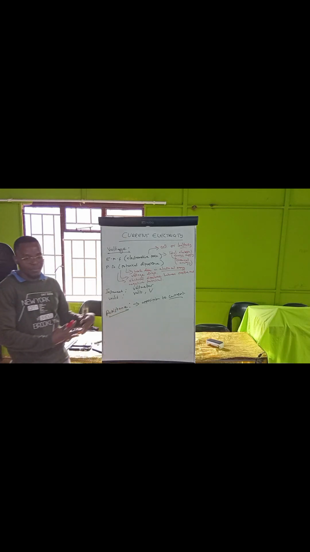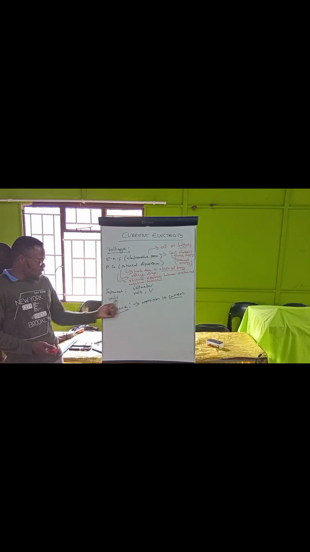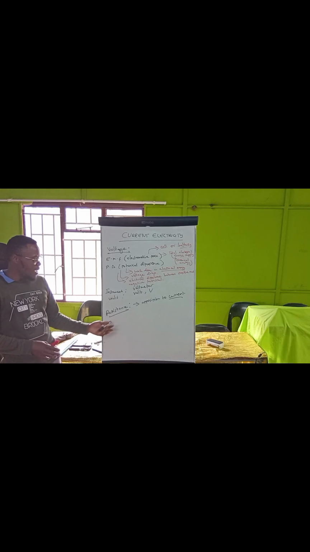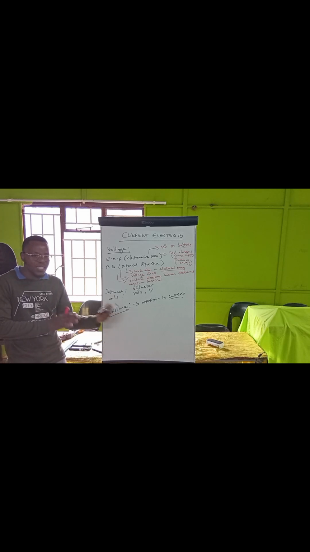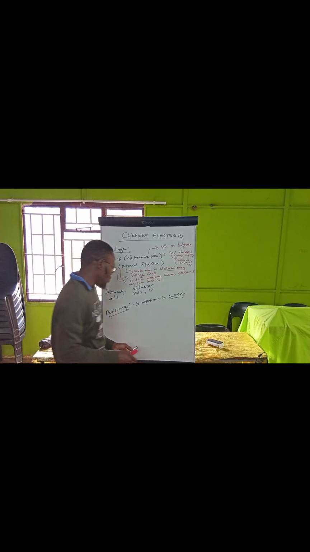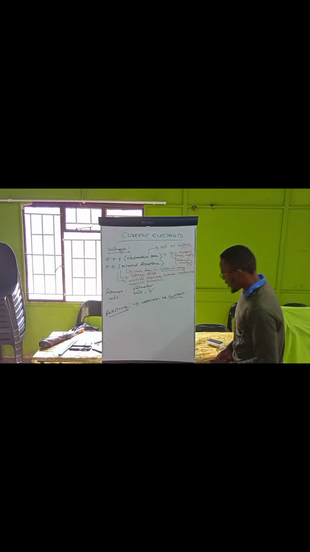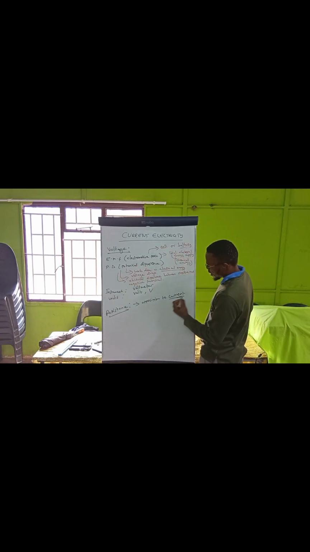Usually the opposing force is the force of friction. So you can also explain resistance as an opposition or a frictional force, because it opposes the flow of current.